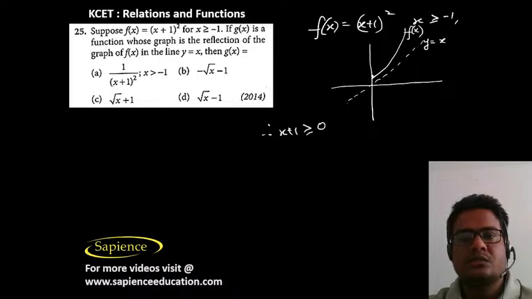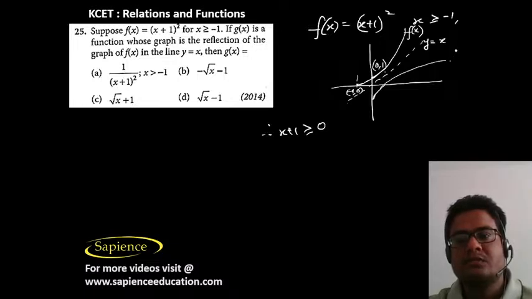It will intersect the axis at the point minus 1, 0. Then its reflection will be somewhat like this. The reflection of the graph in the line y equal to x means it is the inverse of the function.